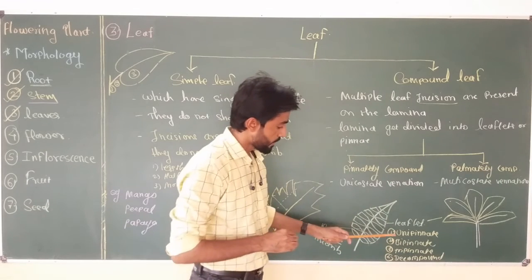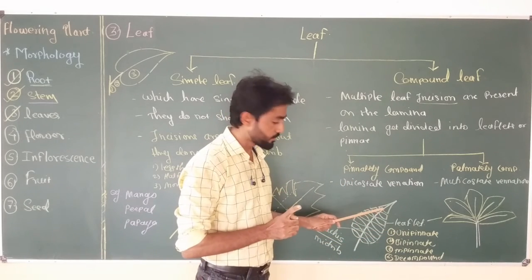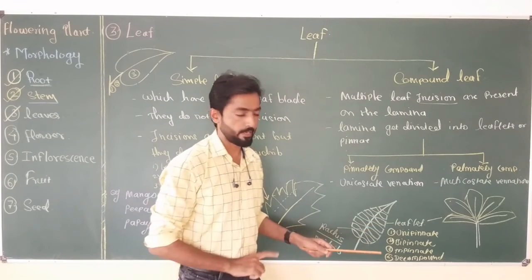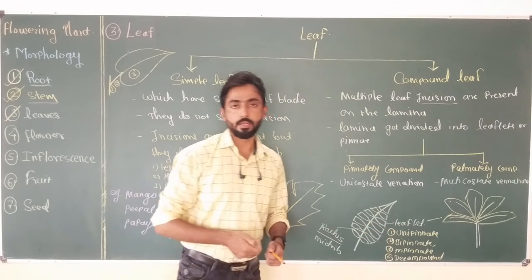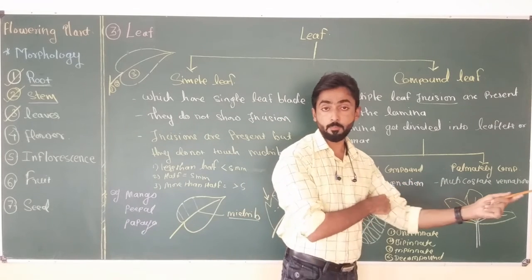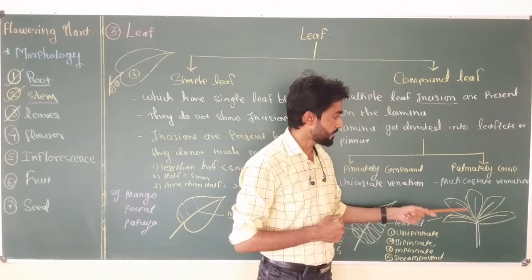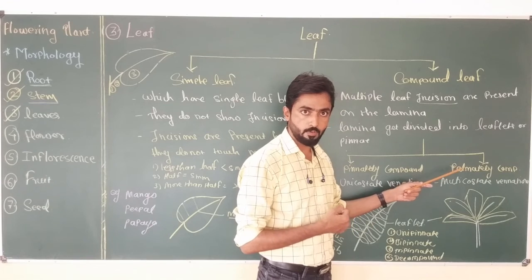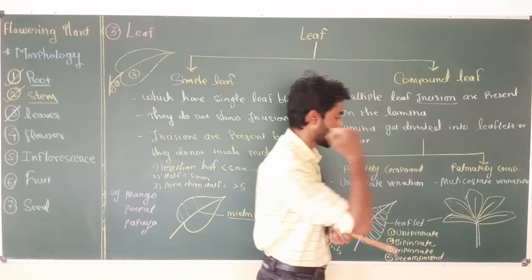These are the types of pinnately compound leaves on the basis of number of leaflets. While on the basis of number of leaflets present on palmately compound leaf, there are five different types of this type of leaves.